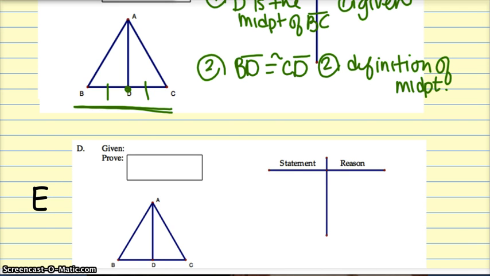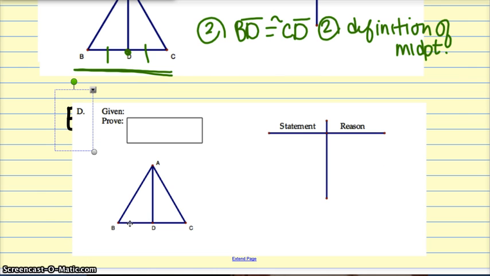This is letter E. There's no given and there's no proof. There's no given because nothing is actually given to you. What's the only thing you could assume from this diagram?